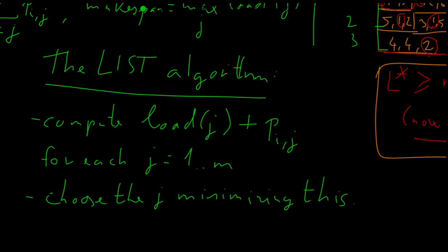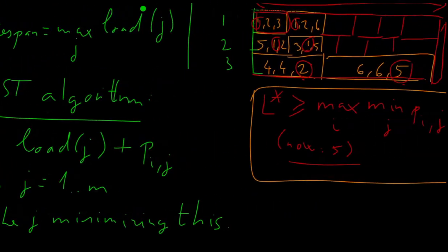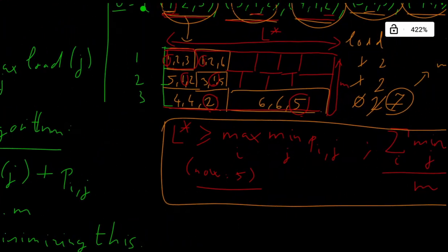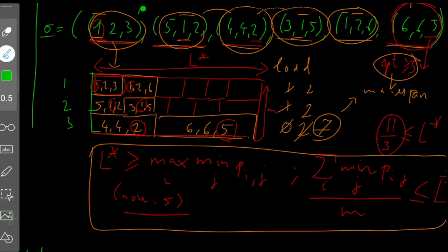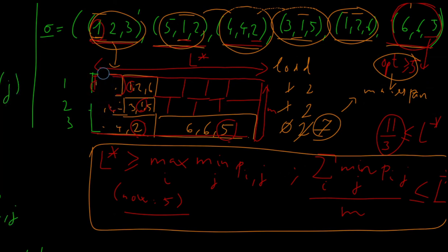Now that's great. Let's try to do this for this very same input. I'm not sure whether we still have some space, but I don't want to copy the input, so I'm just erasing this part.